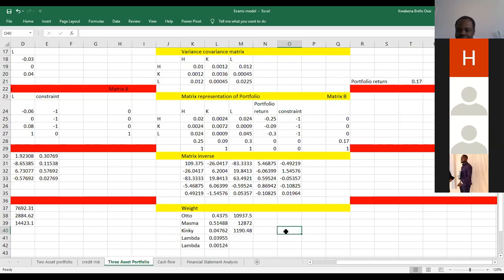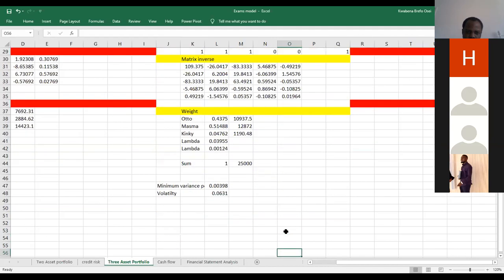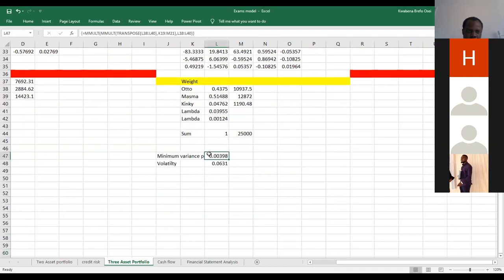Okay, and about the next, I guess L48 is for the volatility. Yes, here. L38, L48 is just about the weight again, but not a transpose. The volatility, where is the next cell?